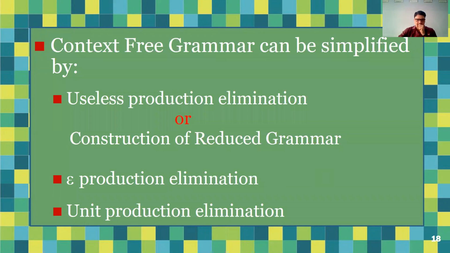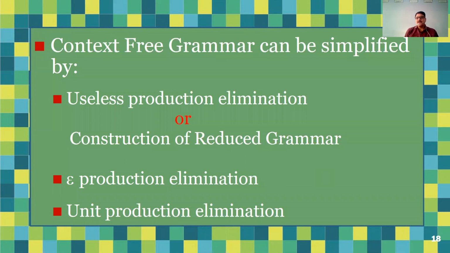Now we will start the useless production elimination. We will try to find the useless symbols in the grammar, then we will eliminate the useless productions. And the same thing can also be described as construction of the reduced grammar.